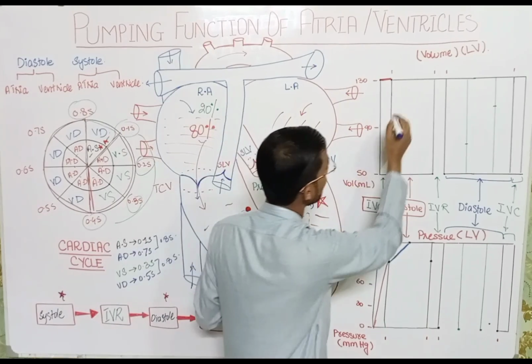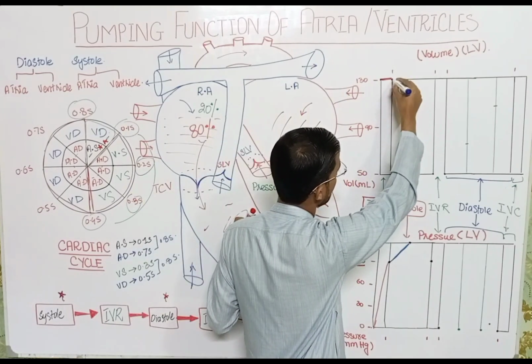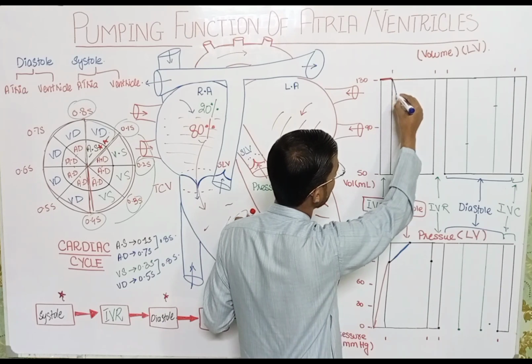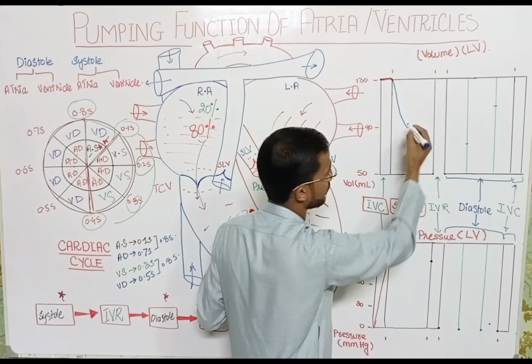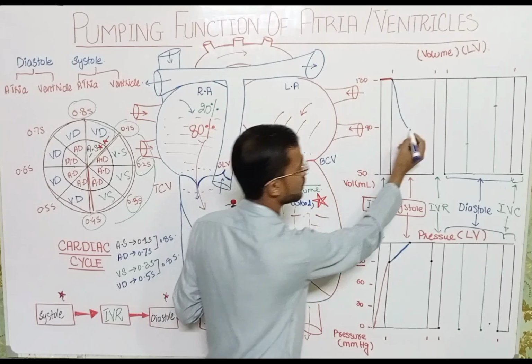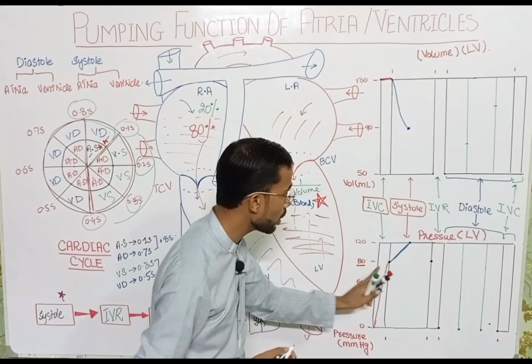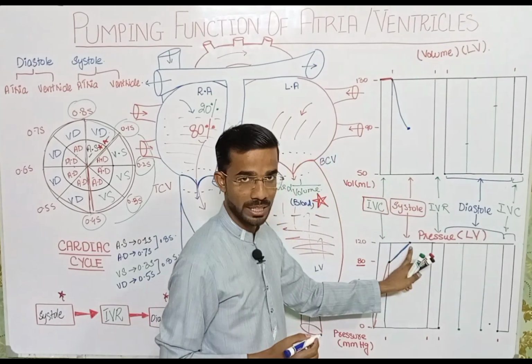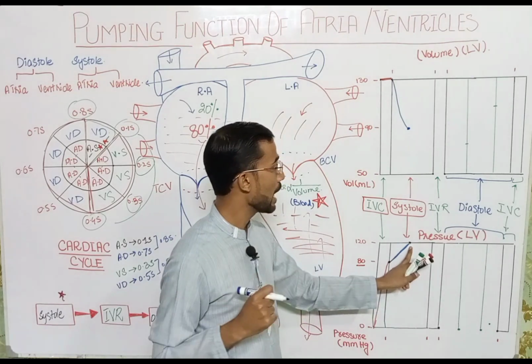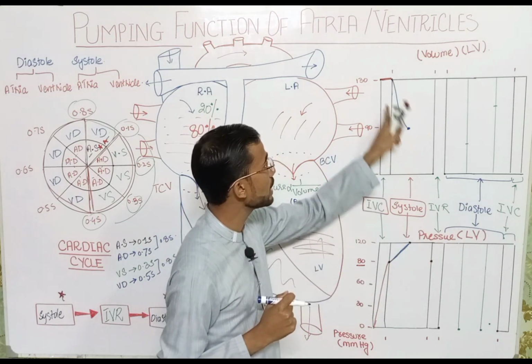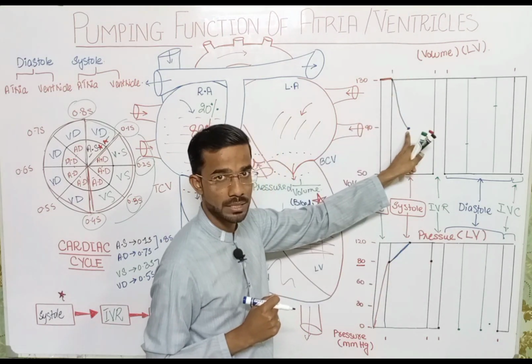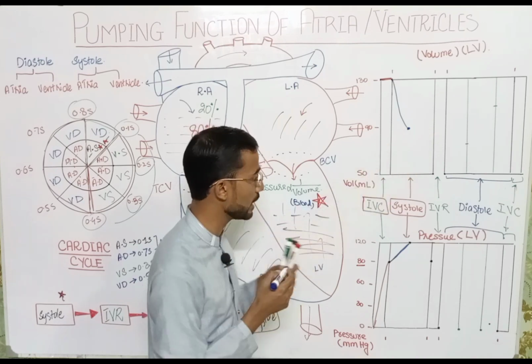You will see the volume of the blood start decreasing after the pressure reaches 120 millimeters of mercury.